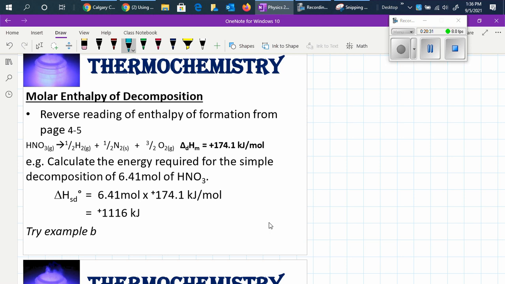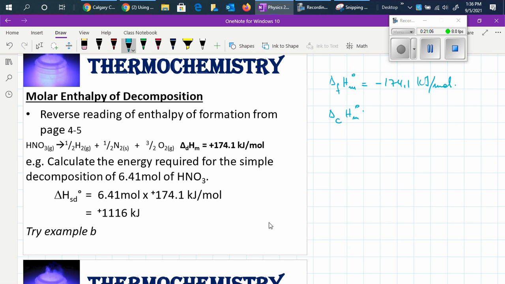So if you see in your data booklet on table 4 and 5, you will see that the enthalpy of formation for nitric acid is a negative 174.1 kilojoules per mole.